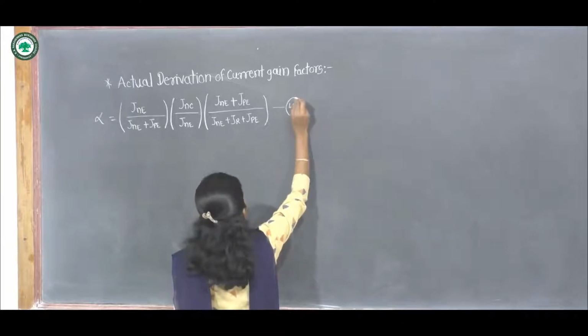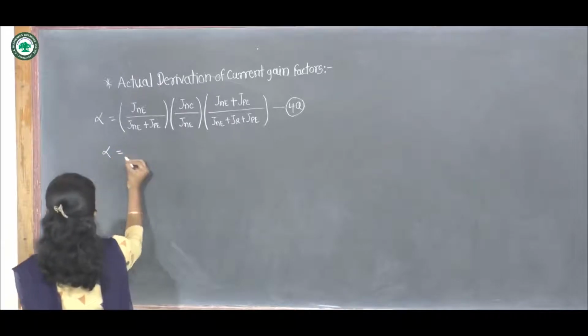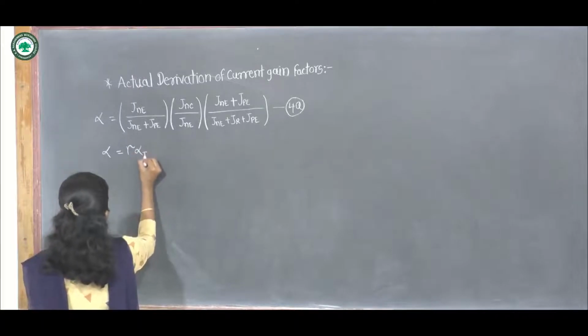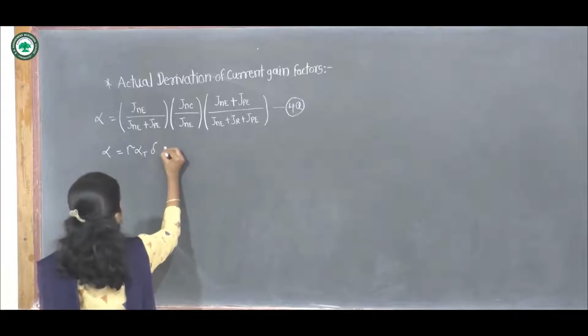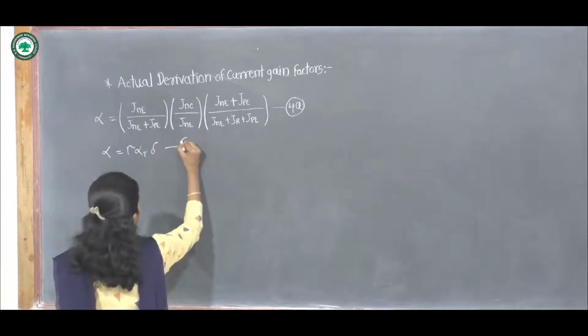and this alpha can again be written as alpha is equal to gamma into alpha t into delta. So this is equation number 4b.